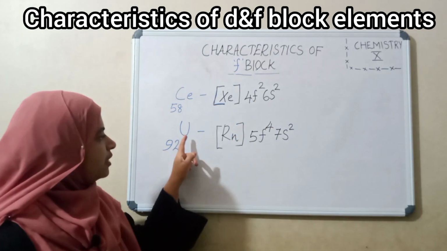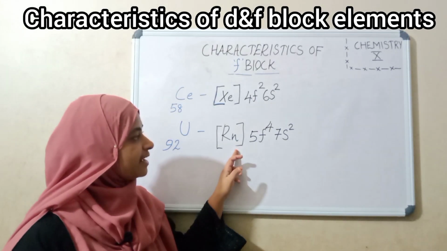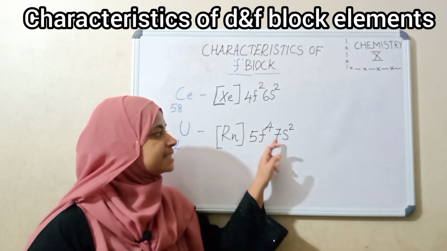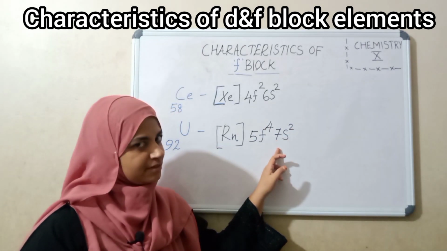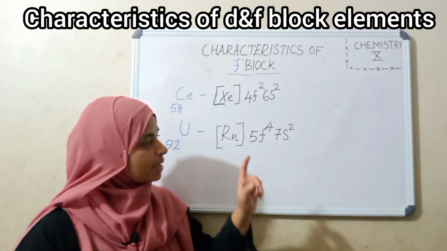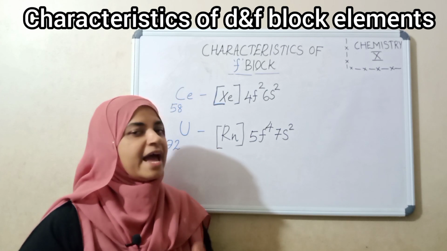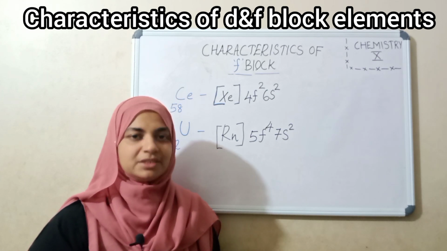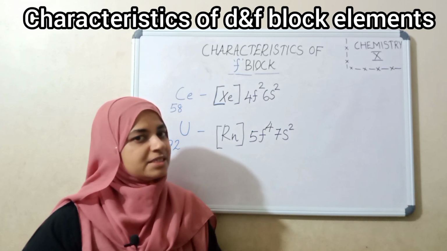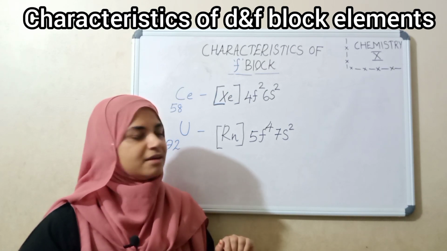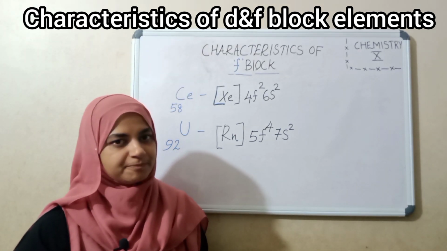Another example, uranium 92. It is written as radon 5f4 7s2. The outermost shell is 7th, but the f subshell is included in the 5th shell. Here the 5th shell is the anti-penultimate shell, that is, third from the last, just before the penultimate shell.